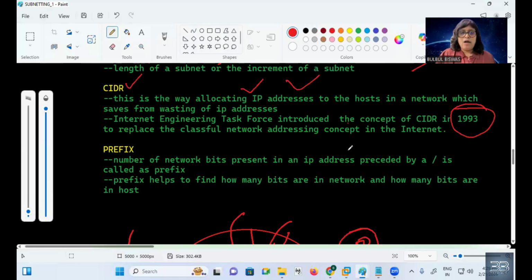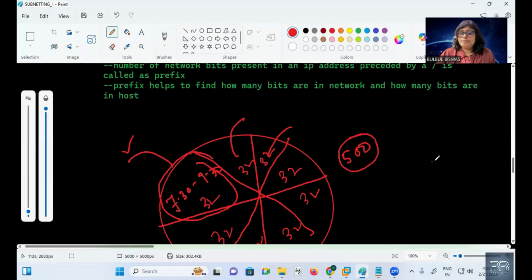In this way, what happened? If we go for this CIDR way of assigning IP, we can save IPs, and we can go for proper utilization of the IP. Okay. Next is the prefix. What is prefix?